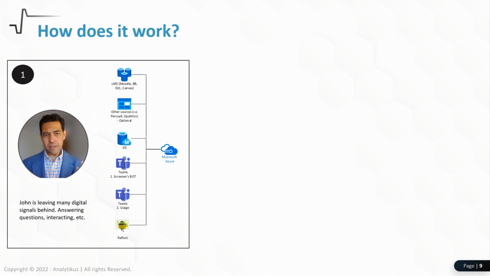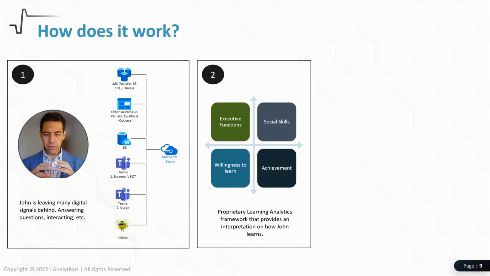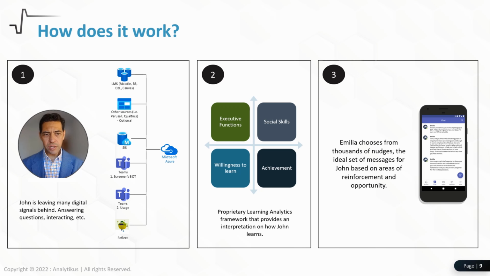So all these signals come together in order to feed a learning analytics framework based on 4 pillars: executive functions, social skills, willingness to learn, and achievement. And based on that understanding, Emilia has a backpack with thousands of messages. She is going to select the ideal message for John at the ideal moment.